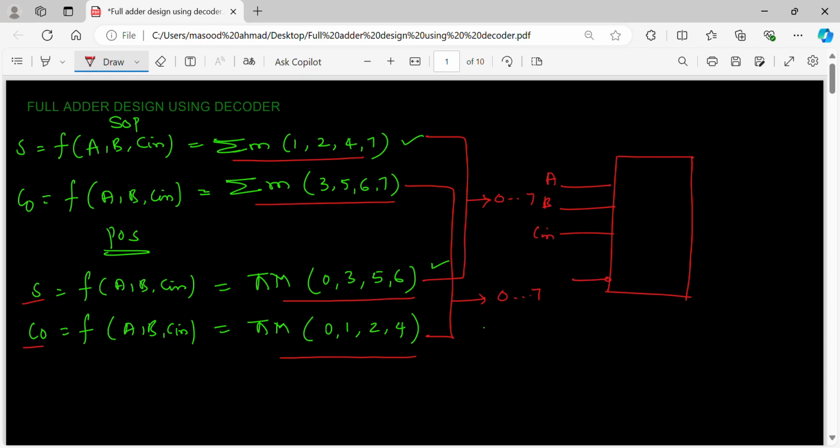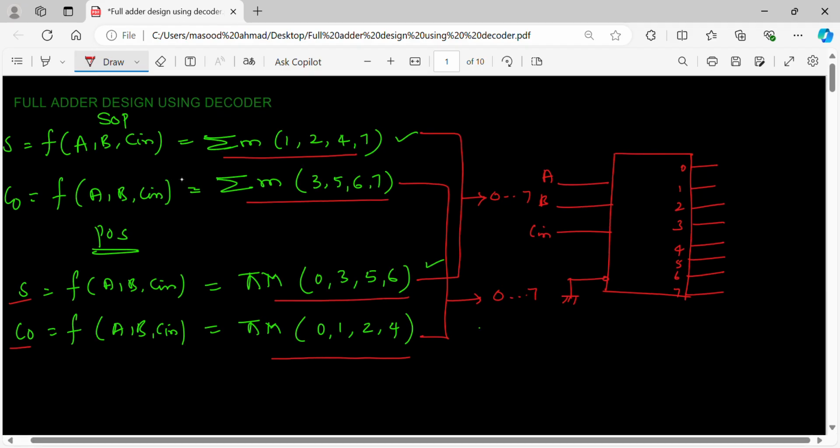I'll take the enable, active low, connected to ground so it will be on. So I'll have the outputs 0, 1, 2, 3, 4, 5, 6, 7. This is a 3 to 8 decoder.